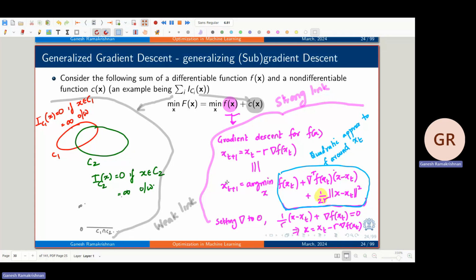So the proposal is xt plus 1 tilde be obtained as a minimizer of the quadratic approximation around xt, right? Which gave you the gradient descent update, plus cx.